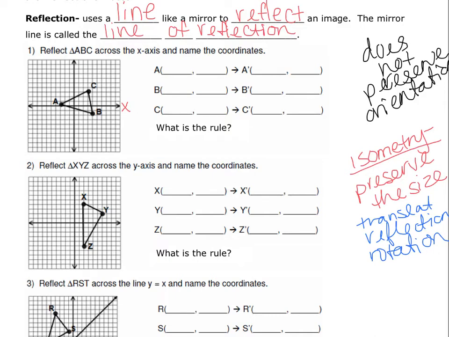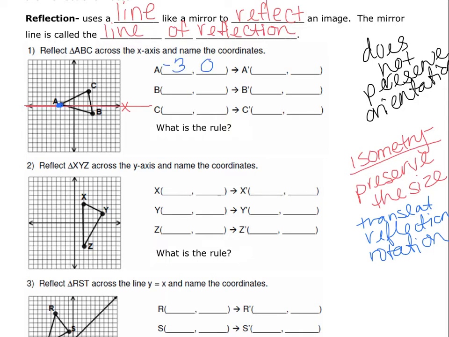So since you're reflecting across the x-axis here, the coordinates are going to be the same distance away from that line. So what I'm meaning is that this coordinate A is right on your line of reflection. So to reflect it over that line, it's not going to move. So A is going to stay right where A is at, and currently it is at -3, 0.